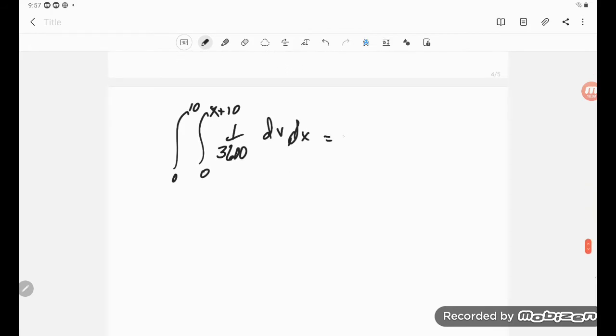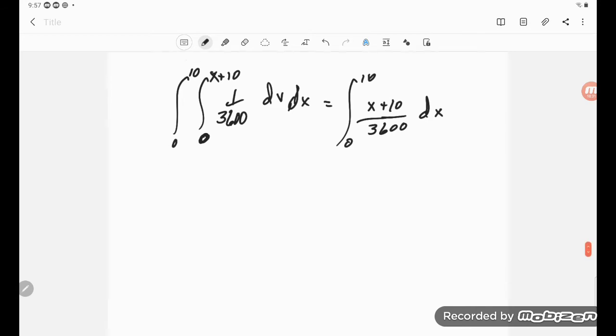And so that is equal to the integral from 0 to 10, x plus 10 over 3600 dx. And that is, when I put 0 in there, I just get a v for an antiderivative. I put in the x plus 10 and I put in the 0. 0 disappears.